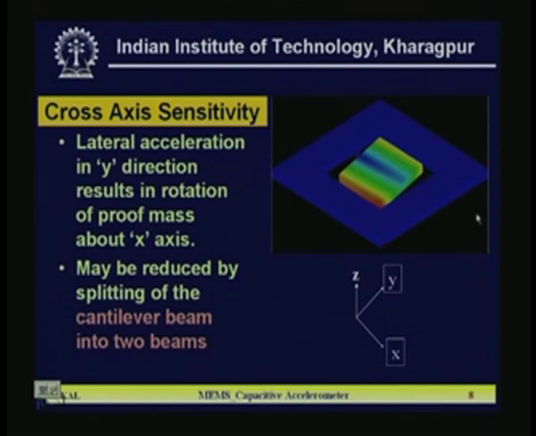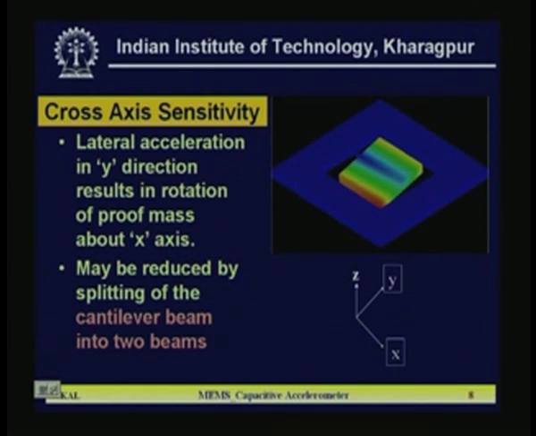Okay. If you move with acceleration in x direction, there will be rotation of the proof mass, and some movement will be there along z also. So that means this kind of structure will not give you low cross axis sensitivity. If you design the whole thing for z axis acceleration, because of this structure it is also sensitive to y direction acceleration.